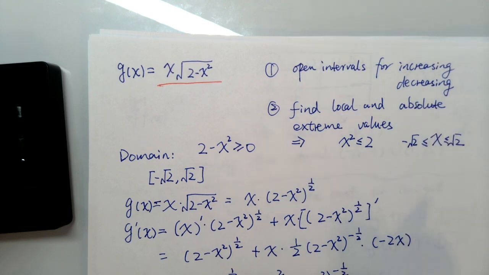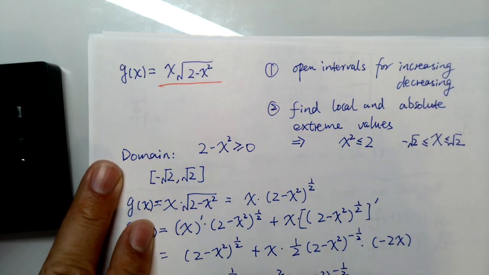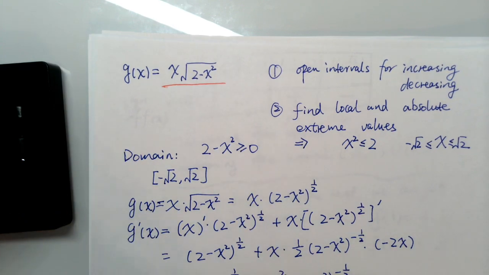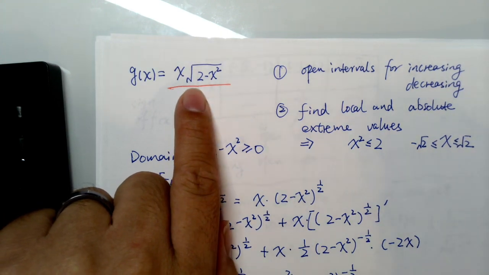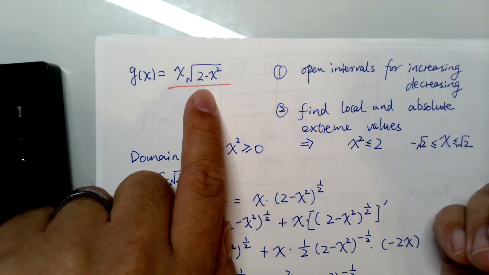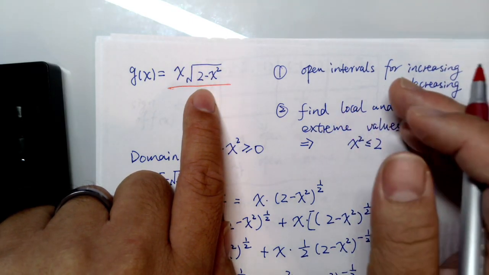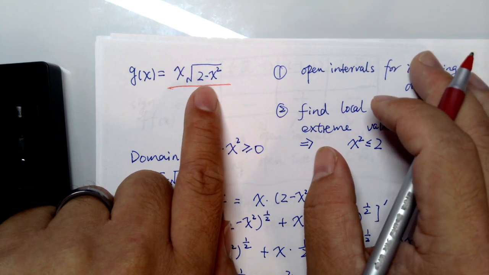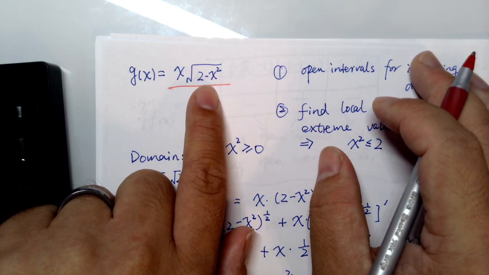Different from the previous examples, where most of the time the functions we work with are polynomials, this function is not a polynomial; instead it involves a radical, a square root. The problem didn't give us any specific interval, so you have to find the domain of this function first.